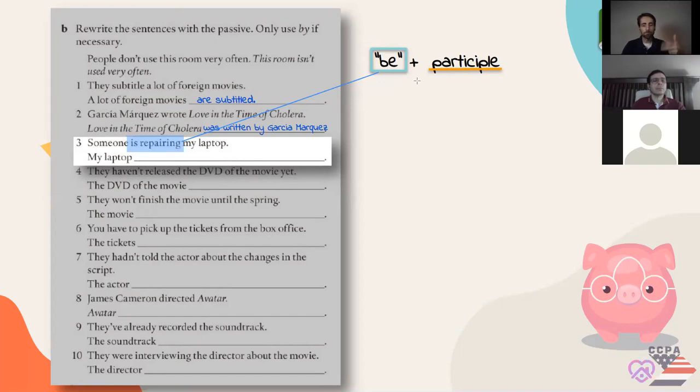My laptop is being repaired. Yes, Ruth is on fire, huh? My laptop is being repaired. Exactly.